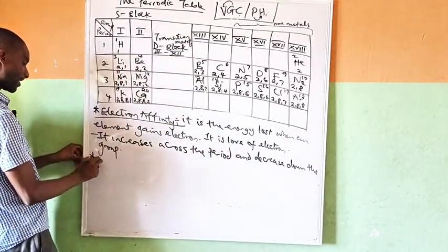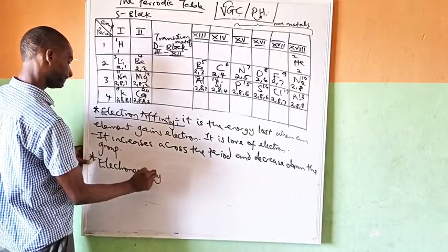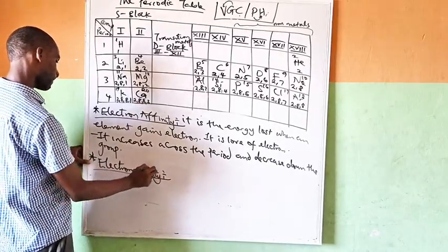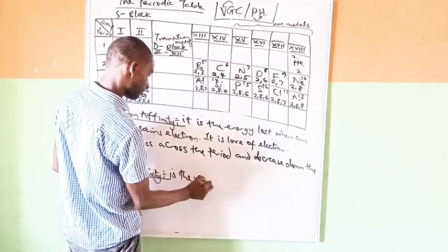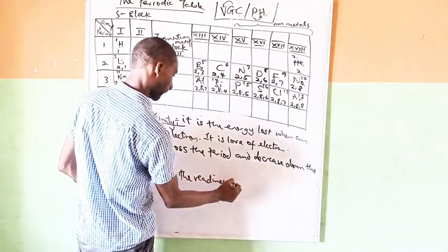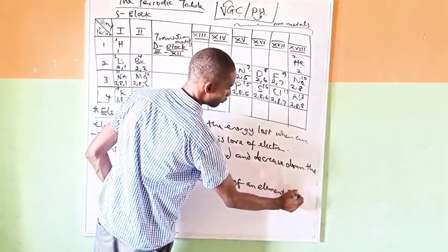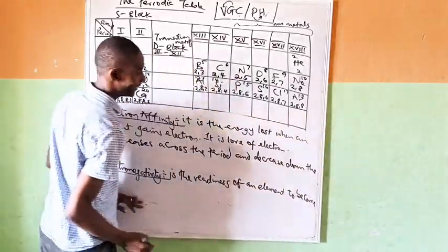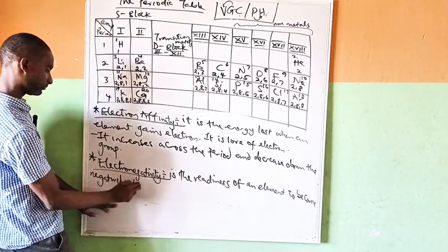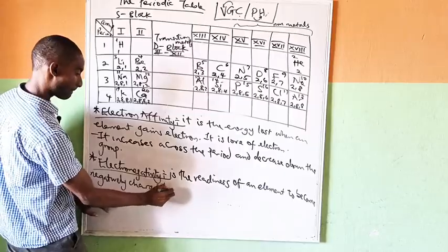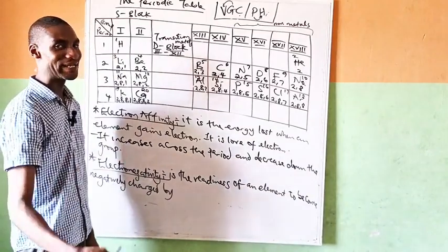Next, let's talk about electronegativity. Electronegativity is the readiness of an element to become negatively charged. By losing an electron or by gaining an electron?